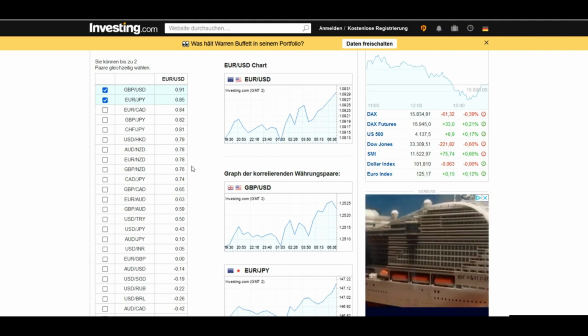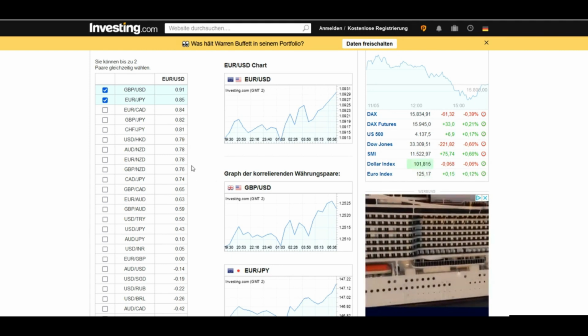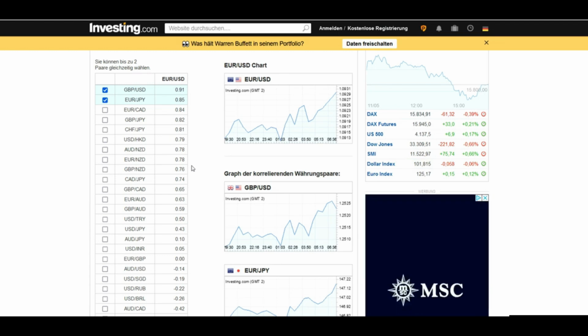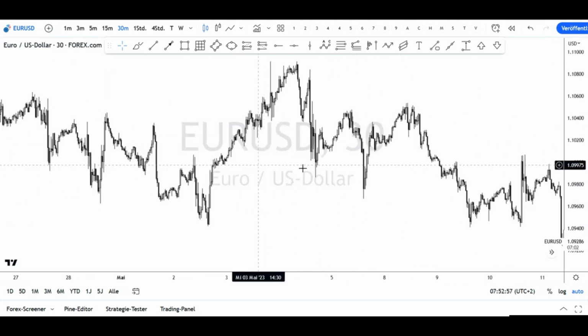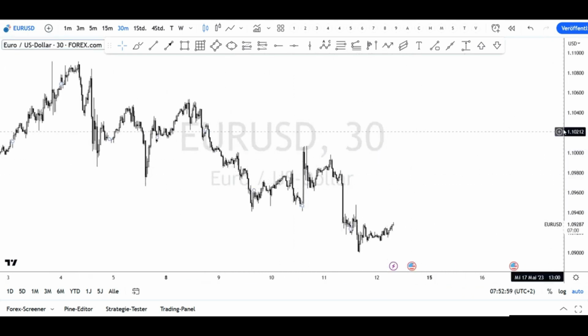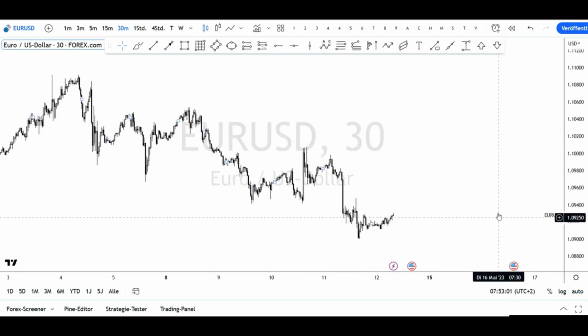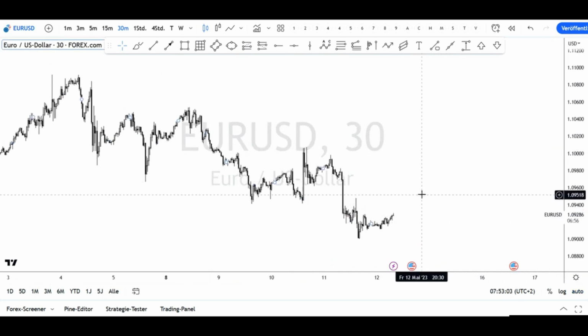There are very good videos on YouTube, so just click through if you want to look into it further. As I said, this is just a quick solution, and with the plus symbol in TradingView, you can always add one or two symbols and compare how they truly correlate currently or how they've performed recently. Let's put it that way.